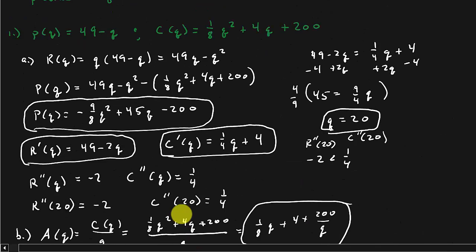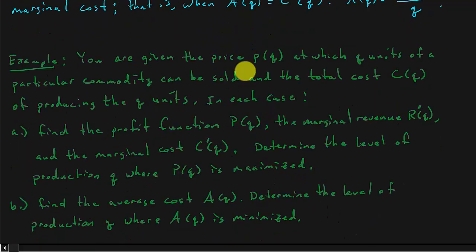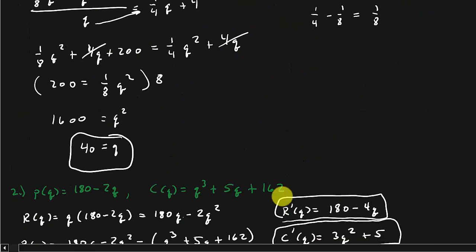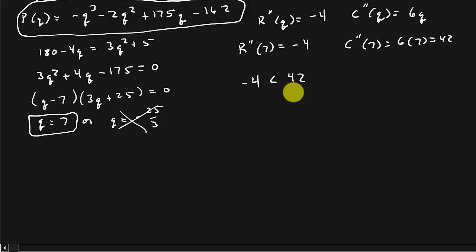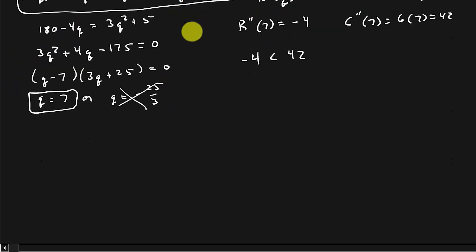And so that tells us, remember back from up here, if the second derivative of the revenue is less than the second derivative of the cost, then that's your maximum profit. Okay, so there's that, and this was part A.